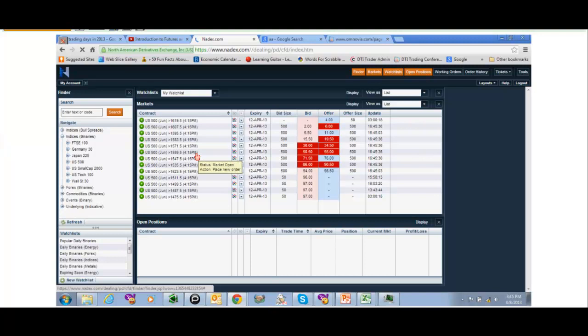And when we're looking at these numbers, what we're seeing is probabilities that the market will close greater than that price. So greater than whatever the price here is. So if I think the market's going down, I'm going to look down here. We're trading at about 1559.50 right now. You can see the levels here.